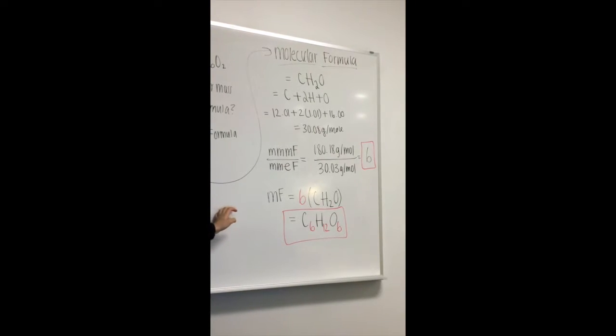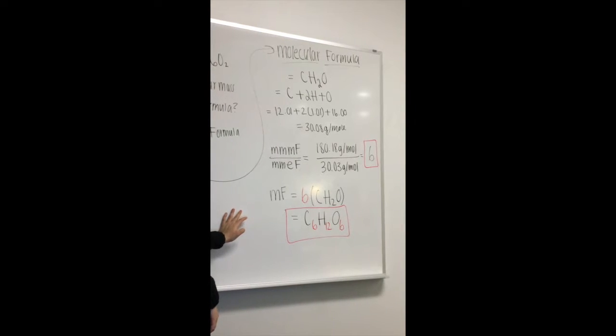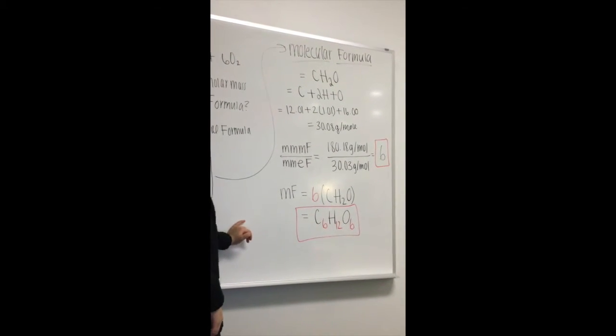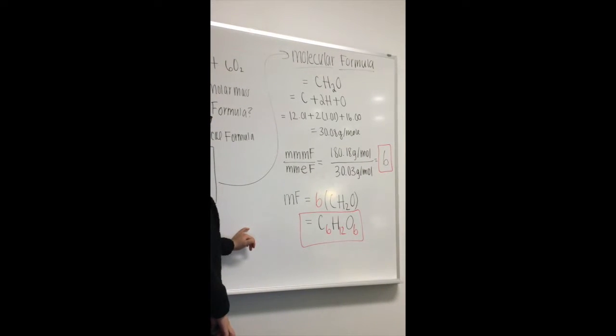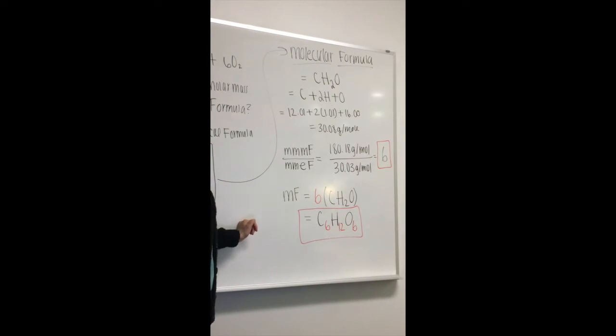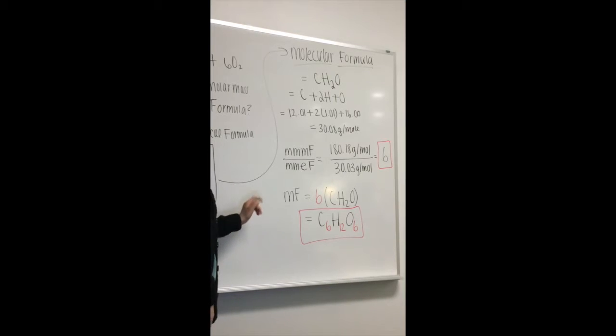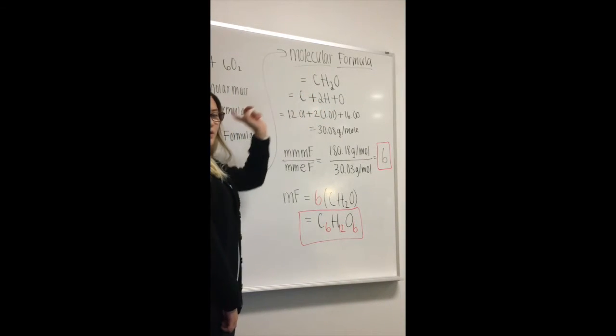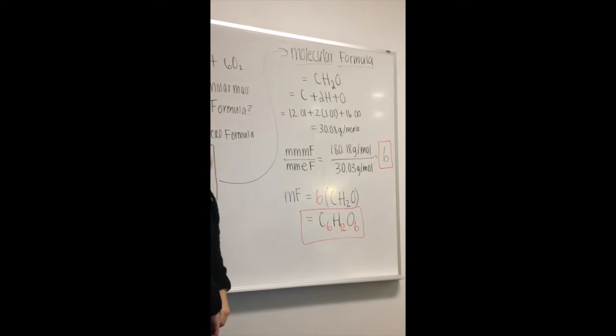So you have to find the molecular formula using the empirical formula. Remember that the molar mass of the molecular formula divided by the molar mass of the empirical formula gives you the molecular formula variable. So since you have CH2O, we are going to break apart the elements and add them together.